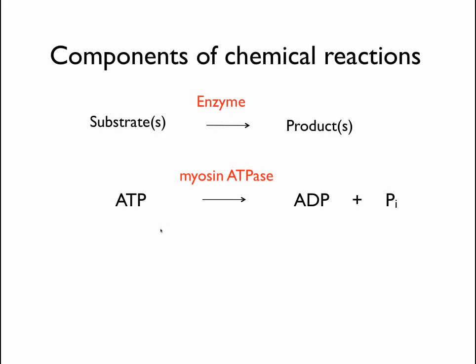As an example, we might have a substrate named adenosine triphosphate, and in the presence of an enzyme, myosin ATPase, which is present in the contractile proteins of muscle, there's going to be a breakdown, or in chemical terms a hydrolysis, meaning in the presence of water, of ATP to produce adenosine diphosphate and phosphate, and this releases some energy. We'll go into this reaction later on, but the bottom line is the substrate is ATP, the products are ADP and phosphate, and the enzyme is myosin ATPase.